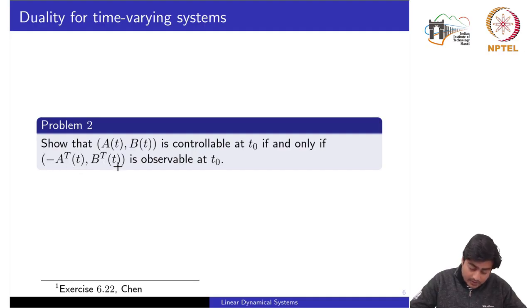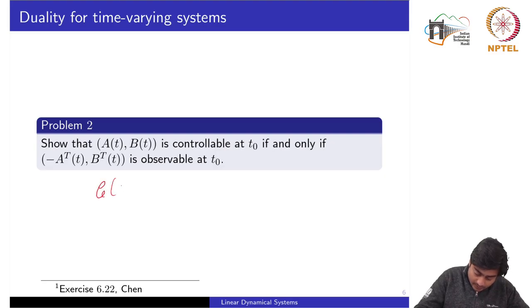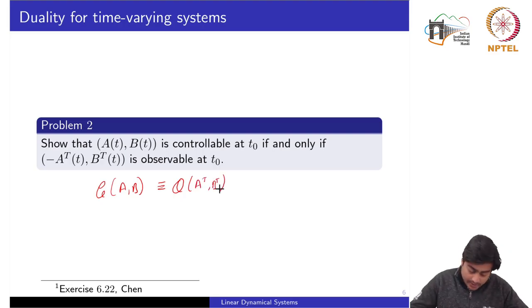If you recall the result for the LTI system, if A and B are time invariant, then the controllability of the pair A, B is equivalent to the observability of the pair A transpose, B transpose. But here we have a slight change: we have the negative sign, so we need to investigate whether we can have some duality for the time varying case.